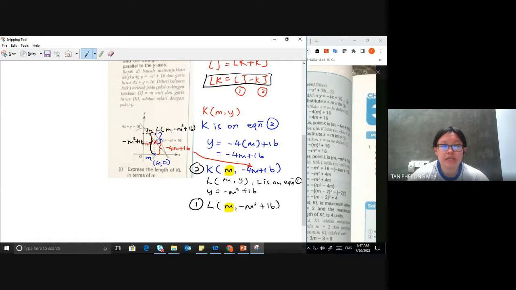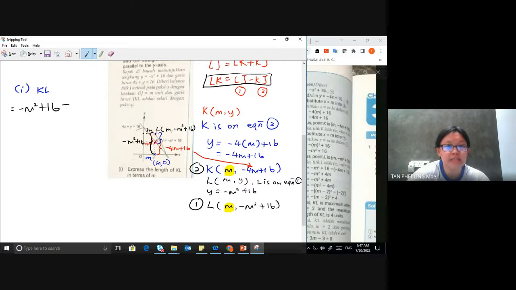So what should I answer? This first part, let me use blue. In order to answer part 1, KL, which is the distance here, I have to take my black one minus my blue one. So my black one is negative M squared plus 16.